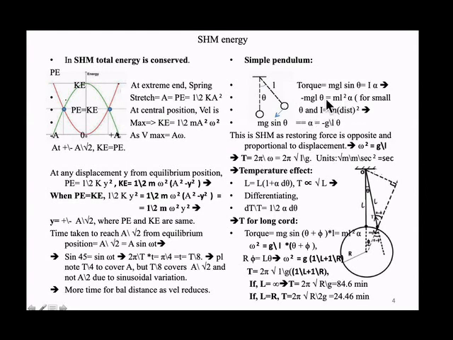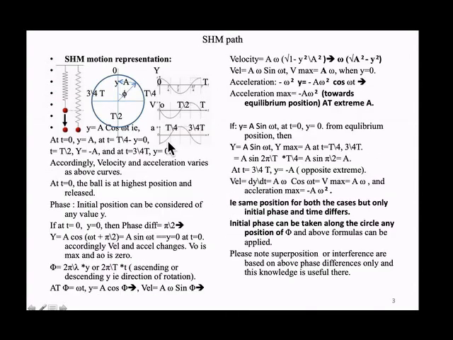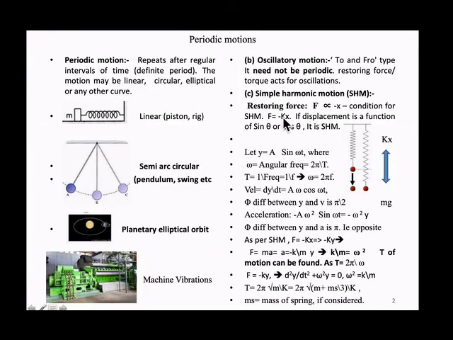Here alpha is d square theta by dt square, the angular acceleration, which is equal to g by L into angular displacement. What we have seen earlier is F is minus kx, ma is minus kx.